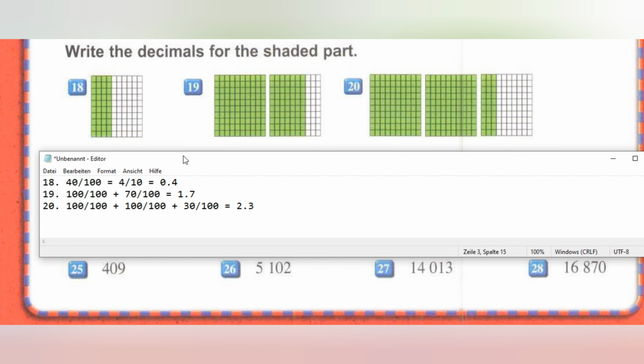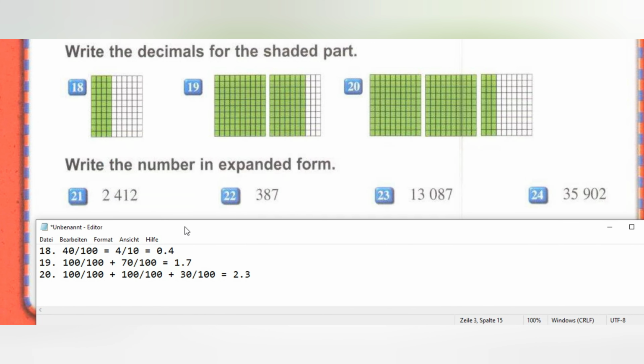Last task, we will continue with writing numbers in expanded form. This form is how I showed you in the task. It was the first question from our quiz, and it was write number in expanded form. 2412, we can write in expanded form as 2000 plus 400 plus 10 plus 2.